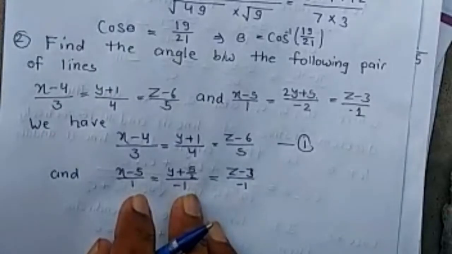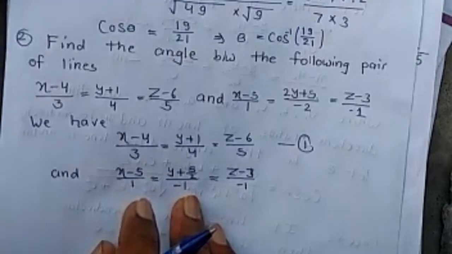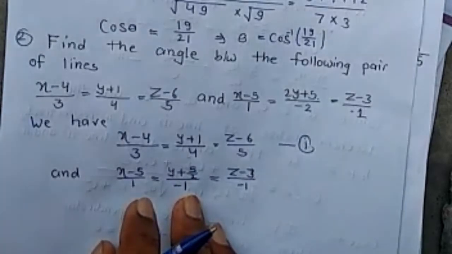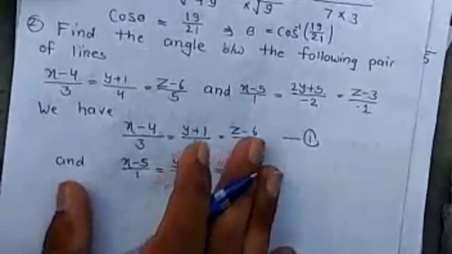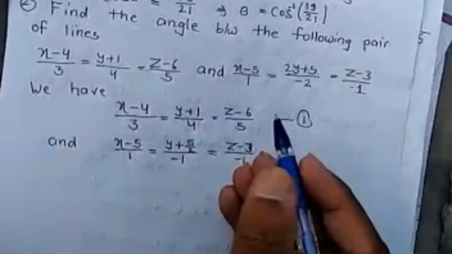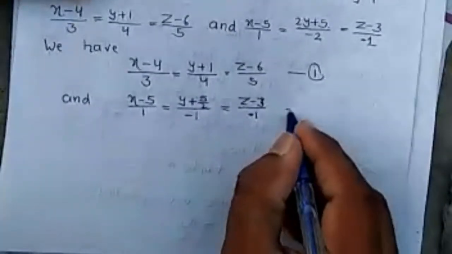Let me check, it is z minus 3 upon minus 1. Second equation.